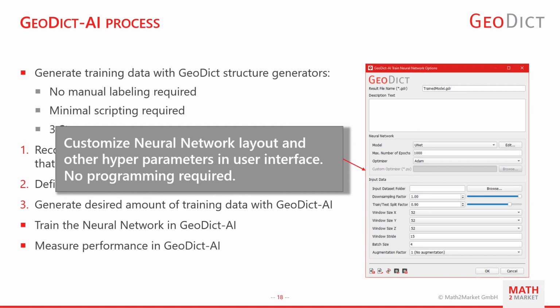And then, of course, we also added a method to measure the performance of your neural network. So you put in your training data or a validation data set where you know what the results should be, and then GeoDict tests how well your network performs compared to the true results.